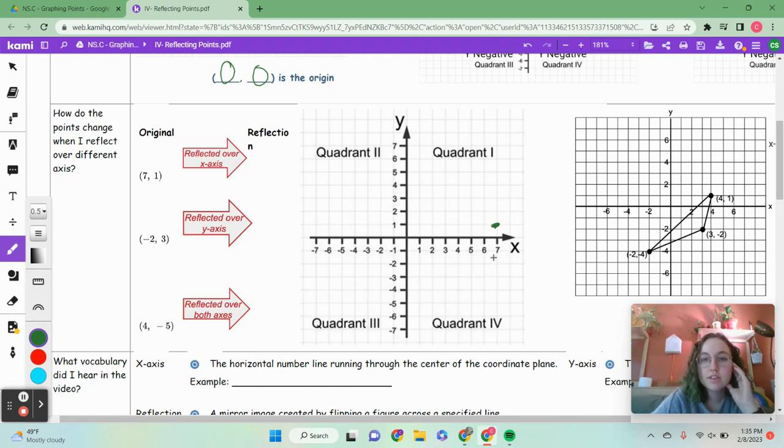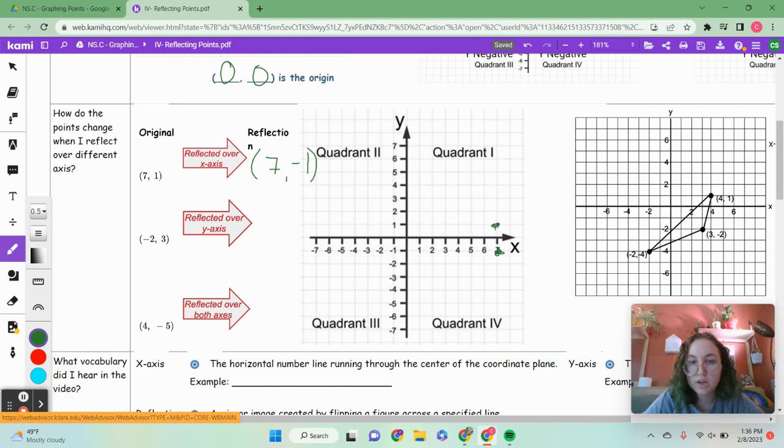So instead of (7, 1), I have the point (7, -1), because I flipped it over that axis to reflect it. It's the same distance from the x-axis: 1 up versus 1 down.